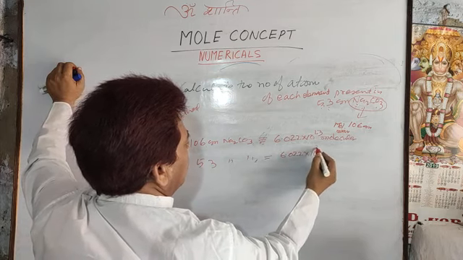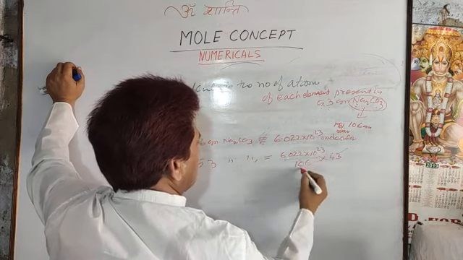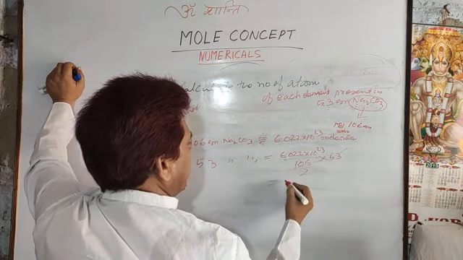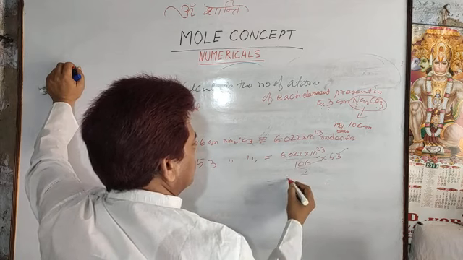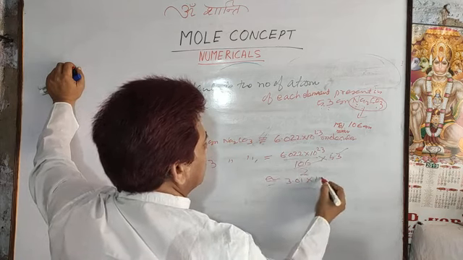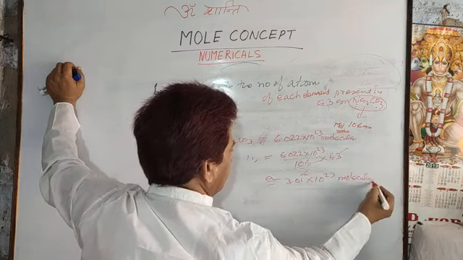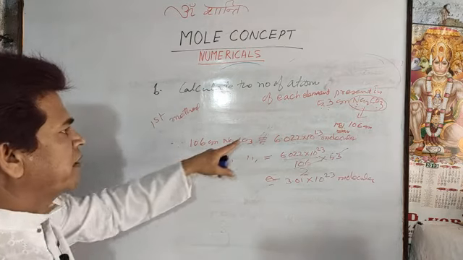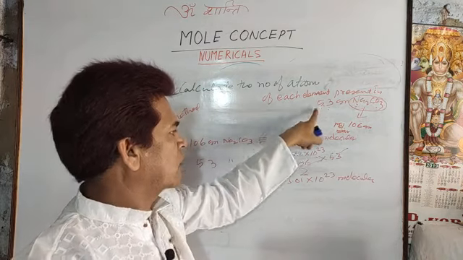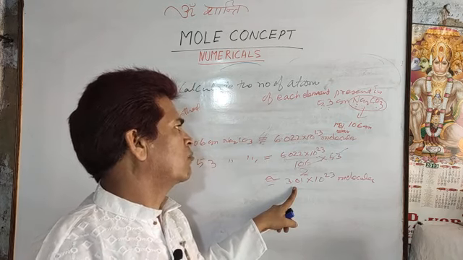6.022 × 10^23 by 106 into 53, 2 sixes are 12... approximately you can write 3.011 × 10^23 molecules. So on the basis of this given data, 53 gram sodium carbonate is converted into sodium carbonate molecules.